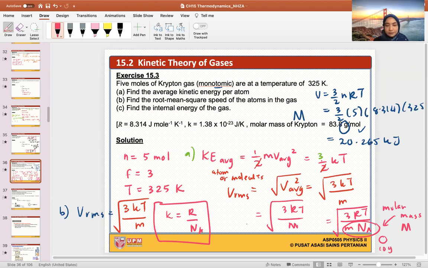Does that make sense? Is that okay, Umar? Yes, Doctor. Okay, I hope that's clear for everyone. You don't have to derive it, you can just memorize it, but you have to know small m means the mass per molecule, capital M means molar mass, okay?